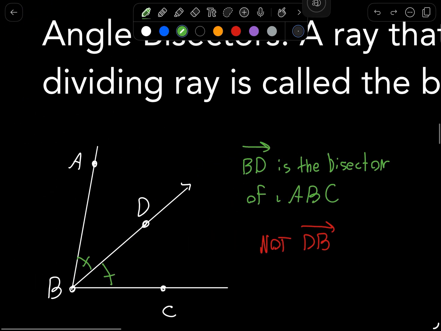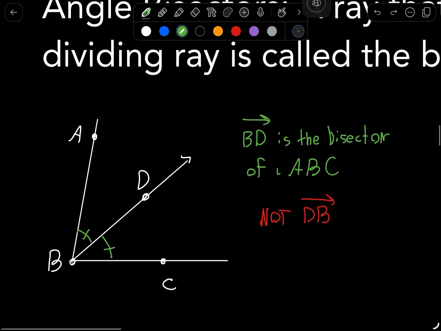As you see in this visual, you have angle ABC, the entire angle, and we're told that ray BD is the bisector of angle ABC. This ray is bisecting the entire angle, which means it's splitting it into these two equal angles.